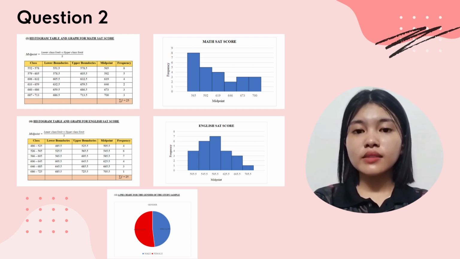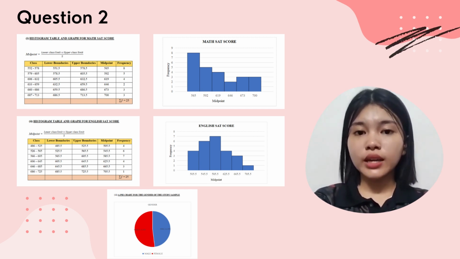Example for Maths SAT score, the lower boundary is 552 minus 0.5, which is 551.5. For the upper boundary, 578 plus 0.5, so the upper boundary is 578.5.